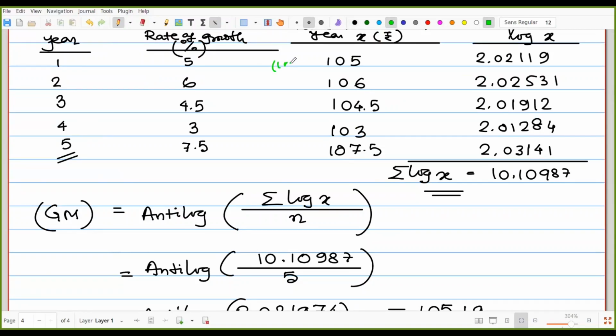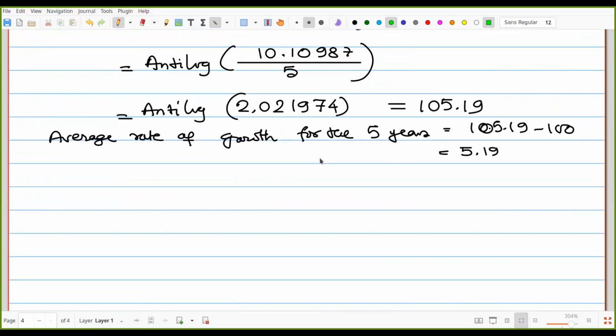Look, for year 100, that is 105, that is 100 plus 6. So that means no need to multiply it with 100. So for the growth of the 5 years, that is 5.19.